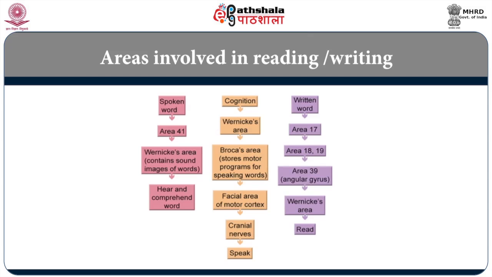Then it goes through areas 18 and 19, then area 39, which is the angular gyrus, then Wernicke's area, and then you start reading. The central part is called cognition. Other cognitive functions involve Wernicke's area, Broca's area, then facial areas, and then cranial nerves, and then you start speaking. So these are diagrammatic ways of explaining how structures and functions are interrelated.